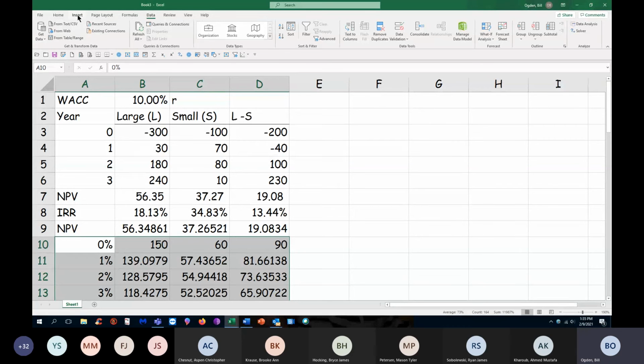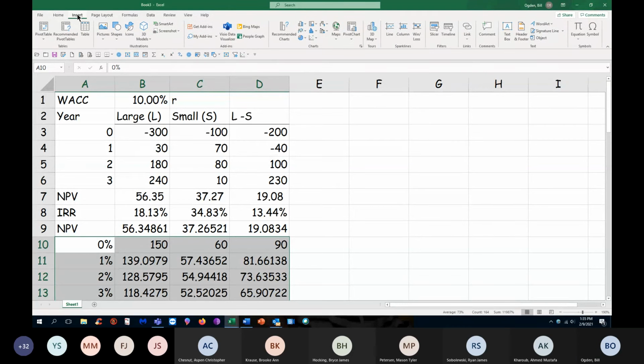So let's go into Insert. And now when you have a mathematical relationship between 2 points, you want to graph what's called an XY scatter. That's this one. What if somebody sold 20 cars in January, 30 cars in February, 40 cars in March, and I wanted to graph that?